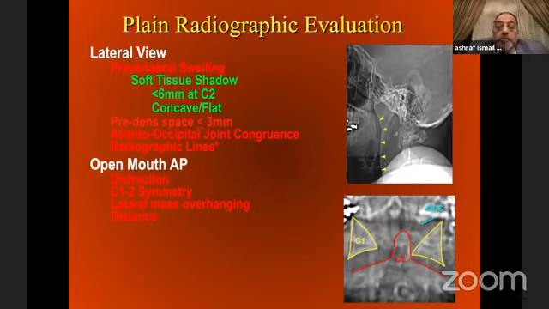We have the predens space less than 3 millimeters, and the atlanto-occipital joint congruence. This is a very important part. With the open mouth view, we assess the integrity of the odontoid, and the lateral masses of C1, with the symmetry at the atlantoaxial articulation.